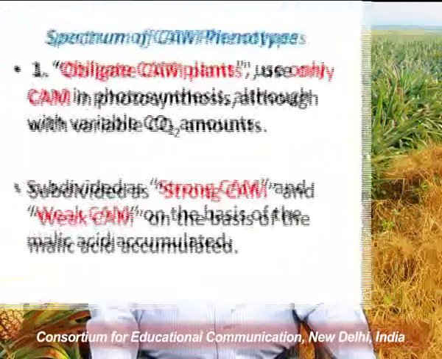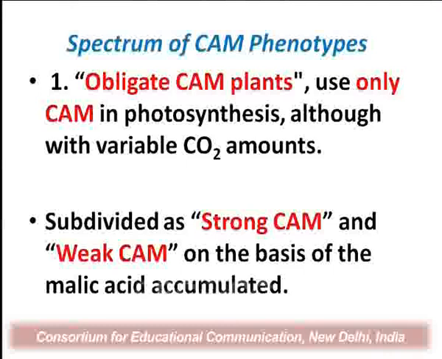There is a very interesting aspect of CAM phenotypes, because we just cannot label every plant as a CAM plant. We have to study in detail what kind of CAM plant it is. Is it obligate? Will it ever have the potential to change its mode of CO2 concentration if given other environmental conditions?